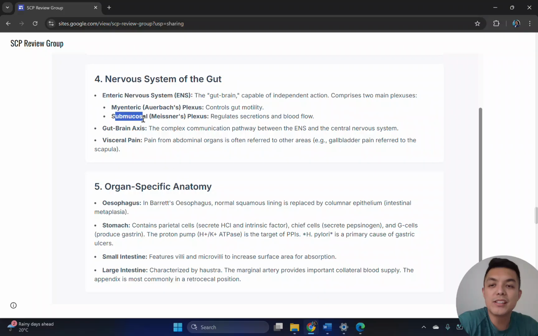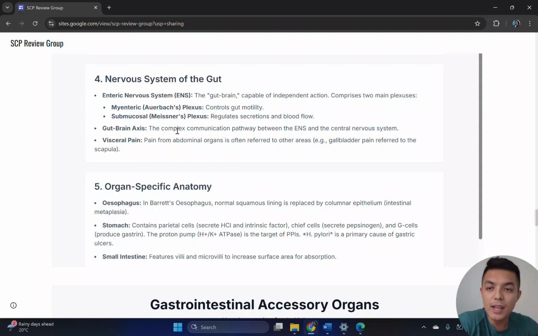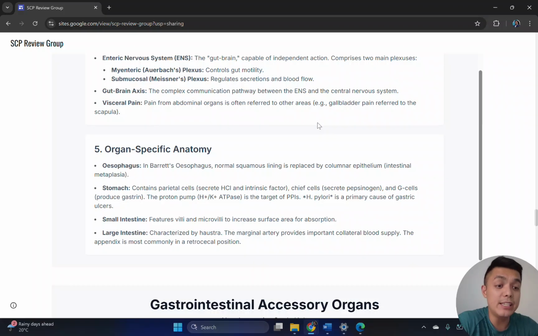So submucosal and mucosal, mucus secretions, submucosal secretions, and blood flow. So Meissner's plexus. And then this is a very good thing to remember, which is the gut brain axis. This is the complex communication pathway between the ENS or the enteric nervous system and the central nervous system. So that's the gut brain axis.